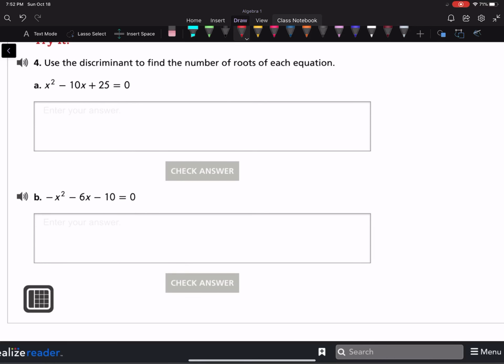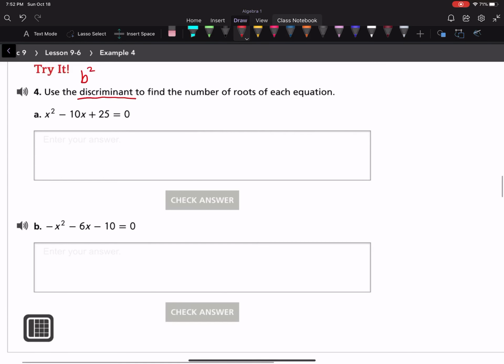Remember, the discriminant is all it is the b squared minus 4ac. It's just the part under the radical, and that's all you have to find, okay? So, discriminant: b squared minus 4 times a times c. In our problem, b is negative 10, a is 1, and c is 25.